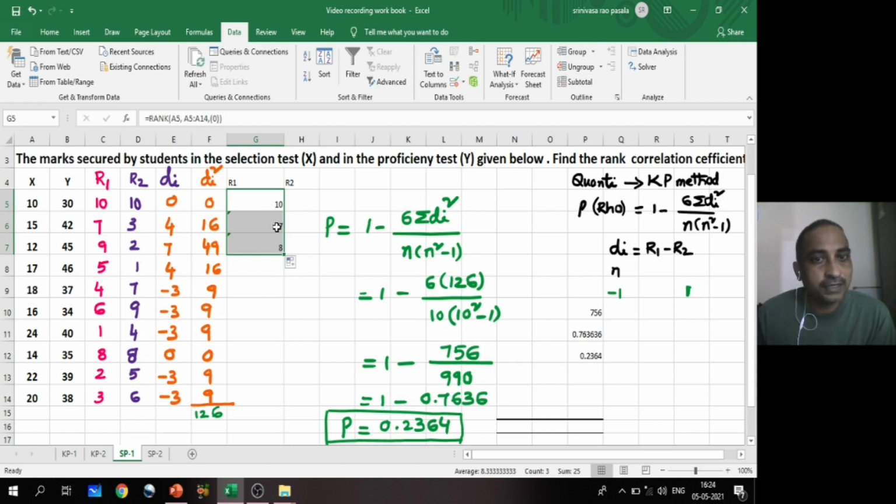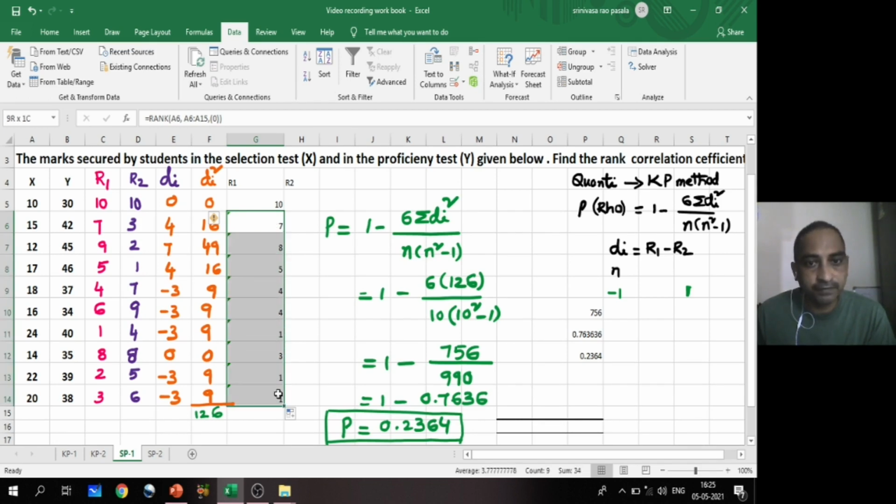But if you observe, there is a difference between the manual ranks and these ranks. Why? Because if you click over here, it is considered as A6 to A15, meaning the ranks are given over shifting cells, right? So that's why here we fix. I hope you understood what mistake we made, right?